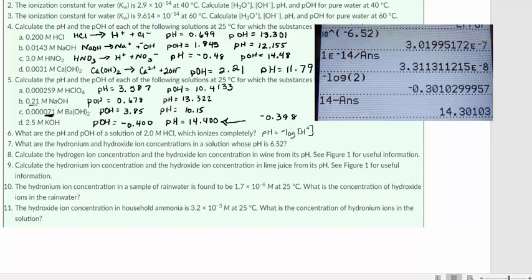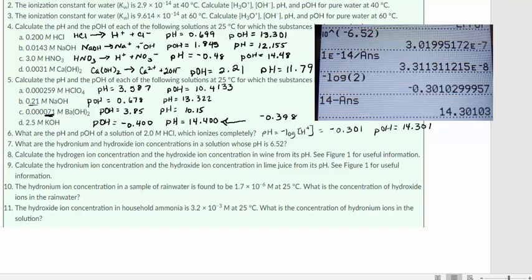So that means my pH is equal to a negative 0.301. That means my pOH is 14 minus this value, so 14.301.